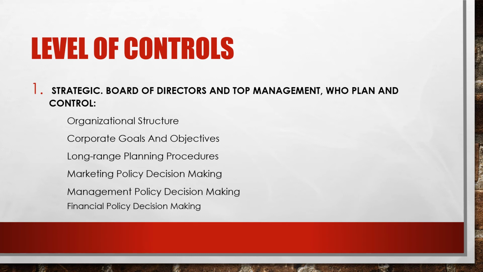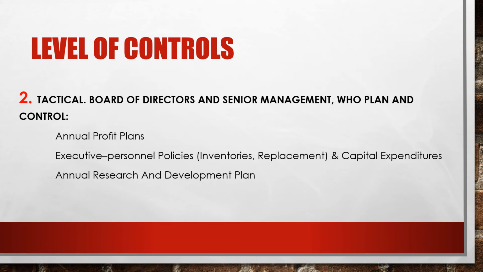So, kaning strategic, they are the top management. Katong mga CEO, katong mga managers, sila ang ga-create sa goals and then mga objectives sa isa ka company or sa organization. Next is the tactical.